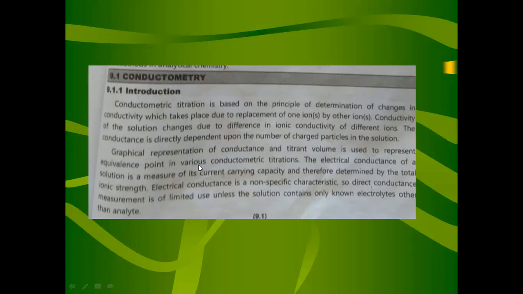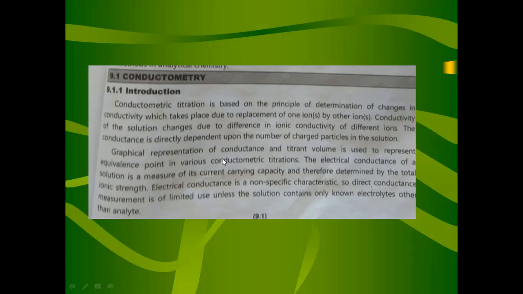If we plot a graph of conductance and the titrant volume, it will represent the equivalence point in various conductometric titrations.